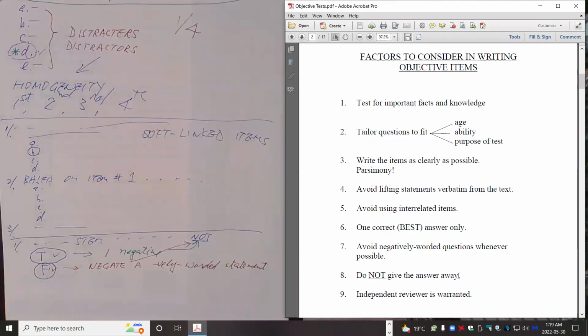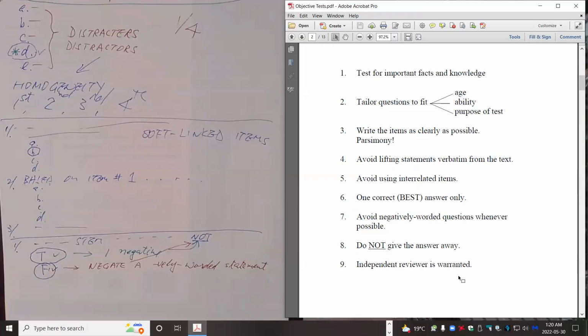Correct answers should be randomly positioned in a multiple choice test. And besides, notice there are approximately equal numbers of correct answers for A, B, C, D, and E, but not exactly equal. Otherwise, examinees can guess. Right? So lots of things to consider in writing one objective test item, especially multiple choice.